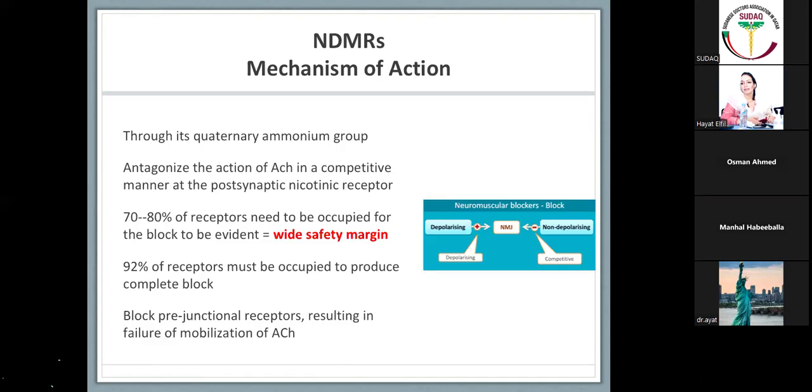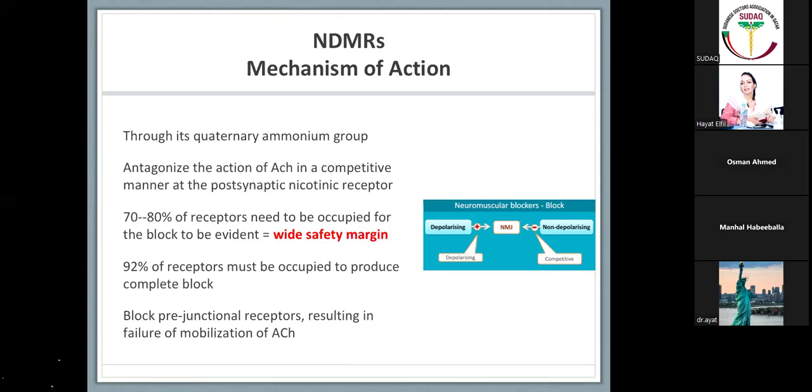Usually there is a wide safety margin in neuromuscular blockade, and 70 to 80% of the receptors will need to be occupied for the block to be evident. So you need a higher receptor occupancy to have muscle relaxation. 92% of the receptors must be occupied to produce a complete block, and blocking of the pre-junctional receptors will result in failure of mobilization of acetylcholine.